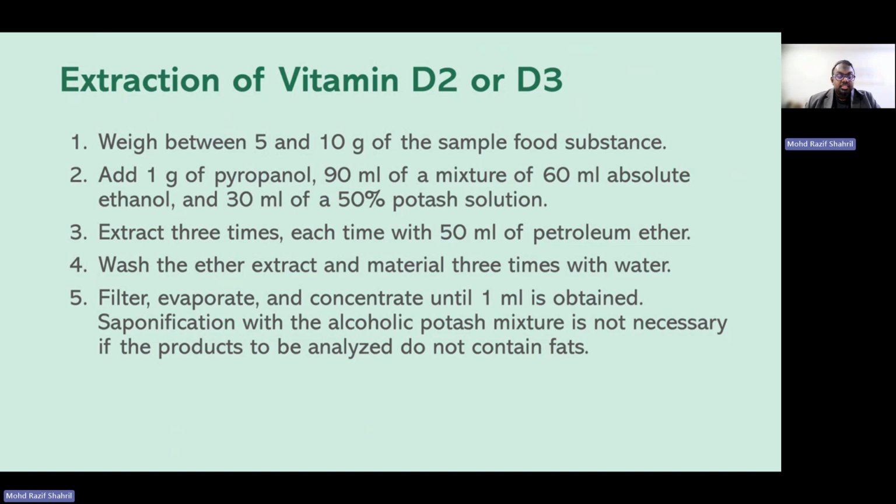We extract three separate times using 50 ml of petroleum ether. After washing the ether, extract 3 times with water. We filter, evaporate, and concentrate it down to just 1 ml. Just like vitamin A, saponification with the alcoholic potash mixture is not necessary if your sample doesn't contain fats.